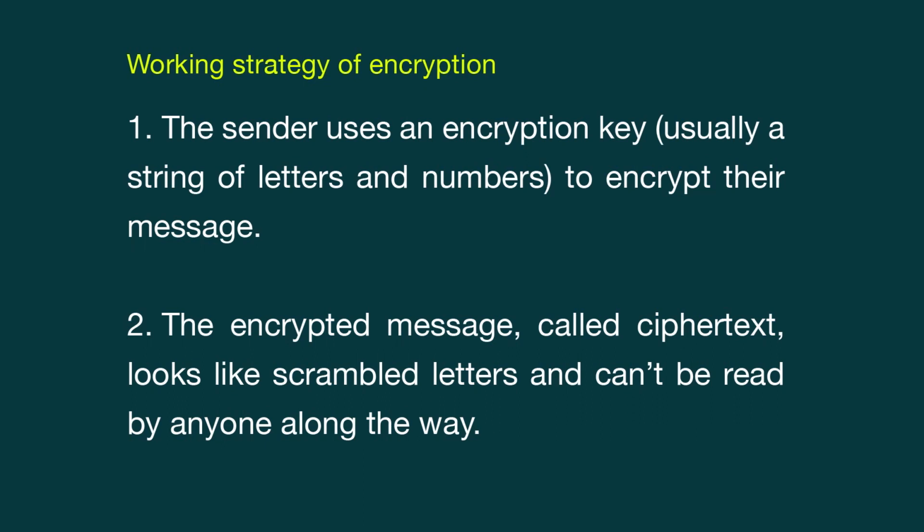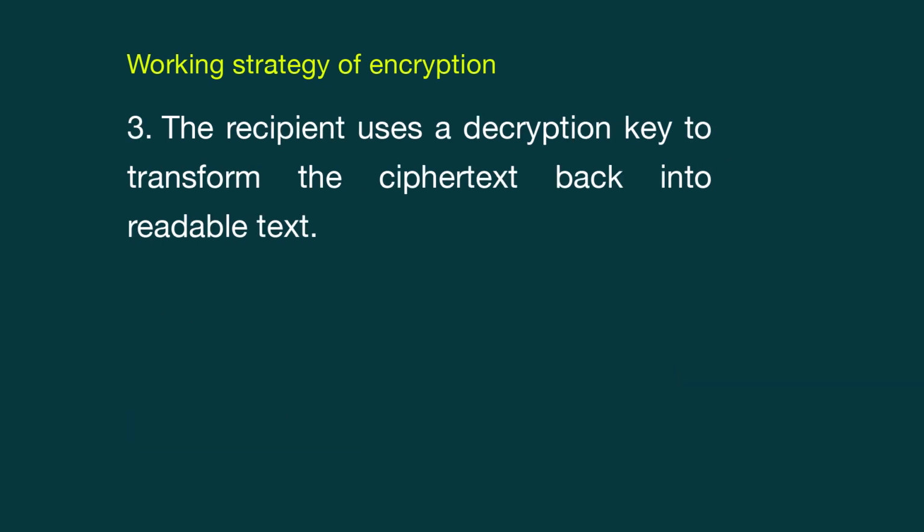In general, the working strategy of encryption is: the sender uses an encryption key, usually a string of letters and numbers, to encrypt their message. The encrypted message, called the ciphertext, looks like scrambled letters and can't be read by anyone along the way. The recipient uses a decryption key to transform the ciphertext back into readable text.